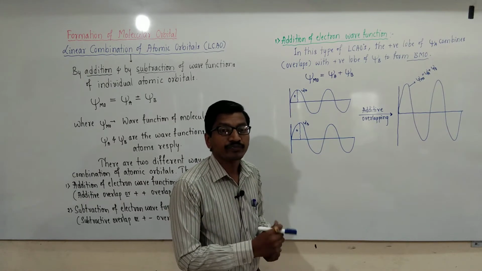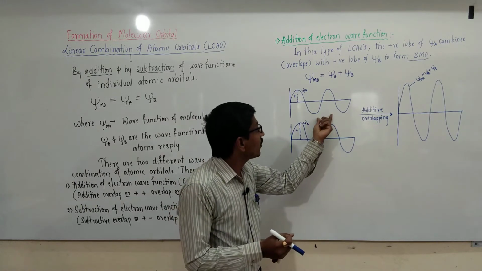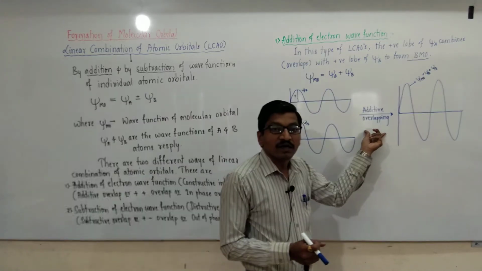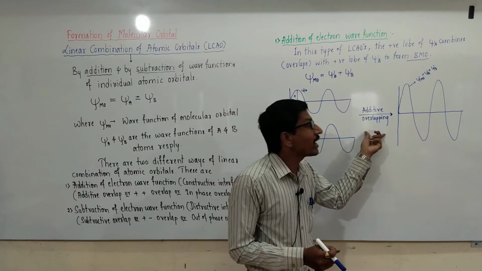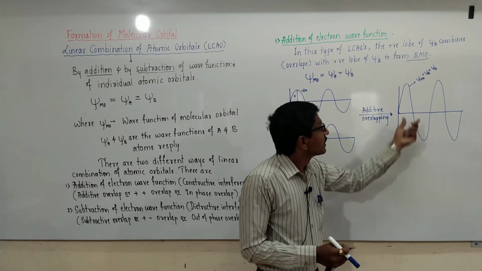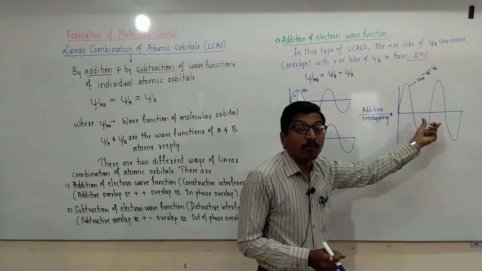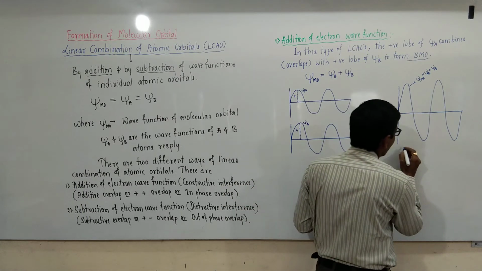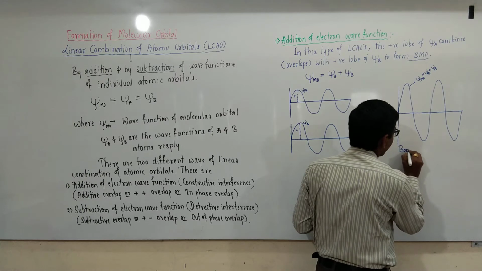If two electron wave functions of atom A and B undergo additive overlapping, a bonding molecular orbital is formed. This is bonding molecular orbital.